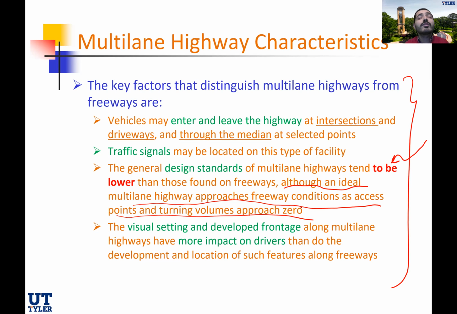So at certain locations on a multi-lane highway, if it's really a good multi-lane highway, we're gonna approach the case of a freeway. But overall, there are those differences that make freeways much more superior facilities than highways. Also, the visual setting and developed frontage along the multi-lane highways have more impact on drivers than the ones that you could see on a freeway.